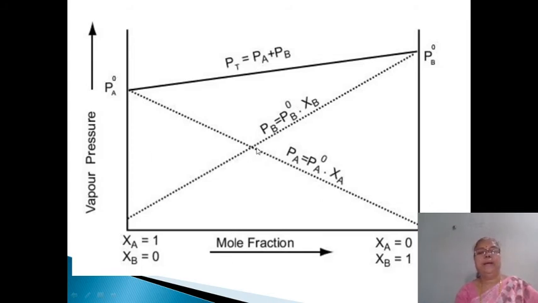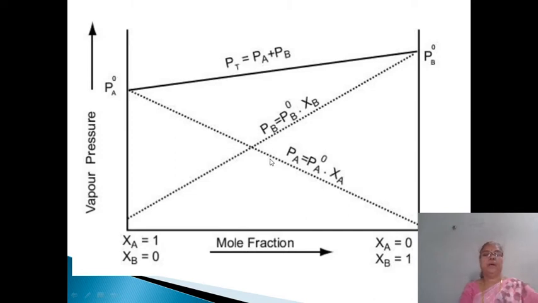here we get a straight line equation, and this is the total vapor pressure line. When we join these two points P0A and P0B, we get the total vapor pressure line, and it is the sum of the partial vapor pressure of A constituent plus the partial vapor pressure of B constituent.